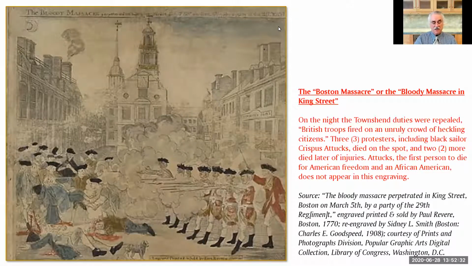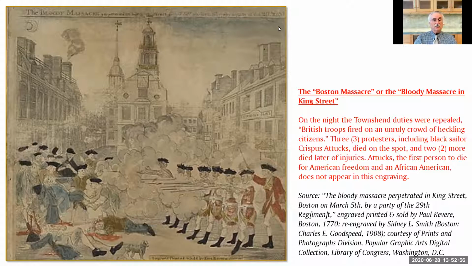By 1770, England's attempt to discipline the colonies was in shambles, and the Townshend duties, except the one on tea, were repealed. The same evening that the Townshend duties were repealed, the Boston Massacre occurred.